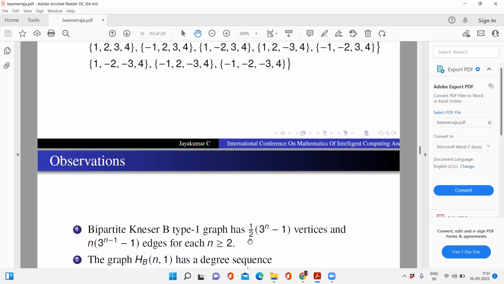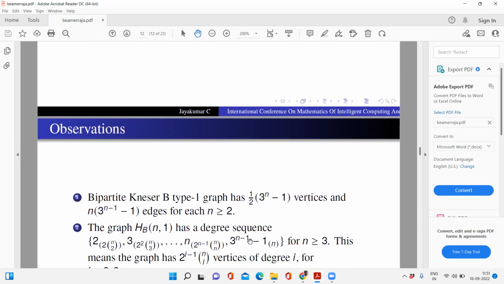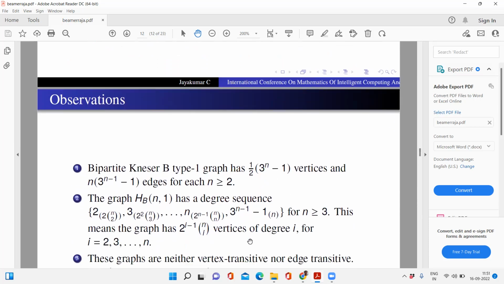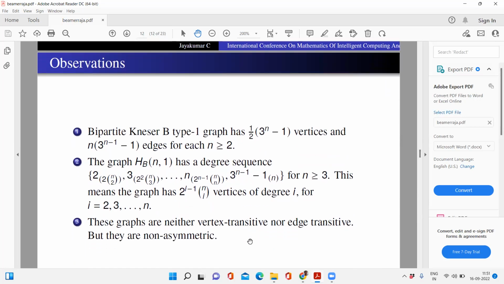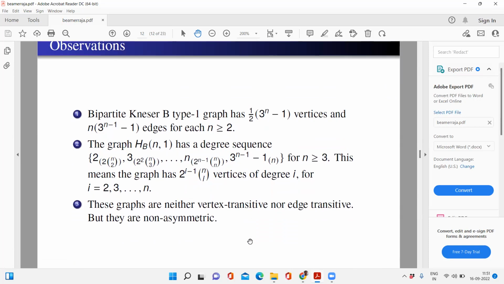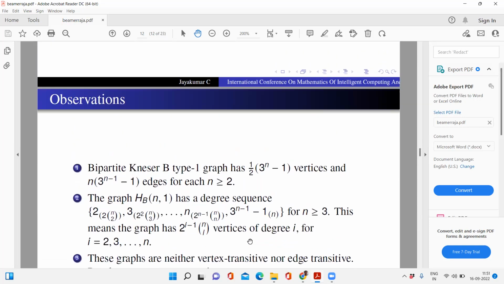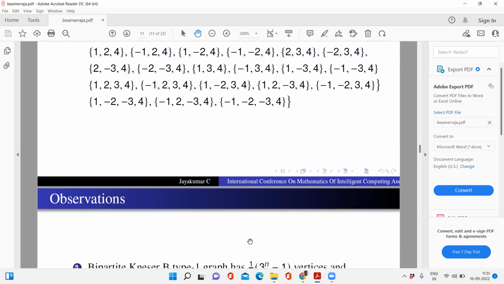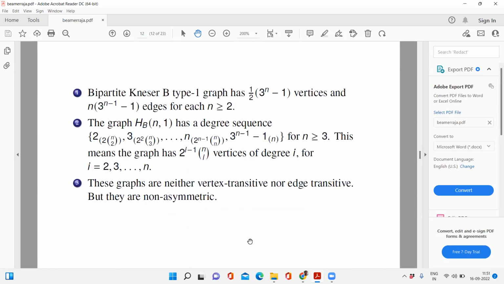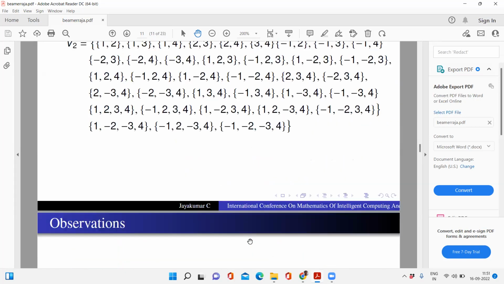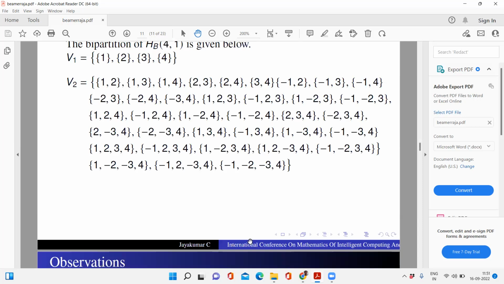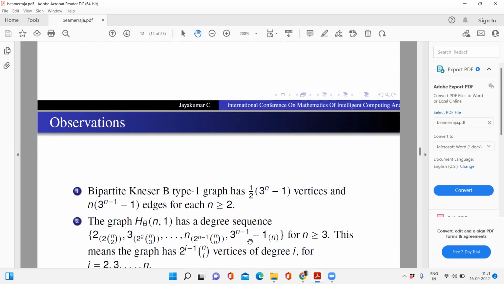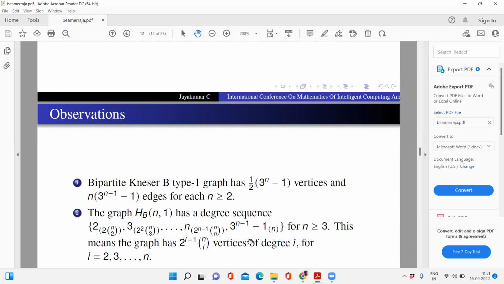You can see that this bipartite Naser type B graph has 1 by 2 into 3 raised to n minus 1 vertices and n into 3 raised to n minus 1 edges for each n greater than or equal to 2. And also, we have obtained the degree sequence. Here, degree sequence is defined in a special manner. We can see that the set V2 has vertices of degrees 2, 3, etc., up to n, and every vertex in V1 has a degree given by 3 raised to n minus 1 minus 1.